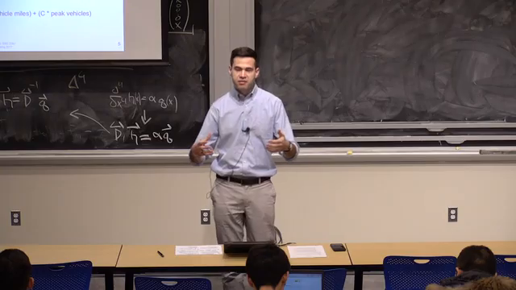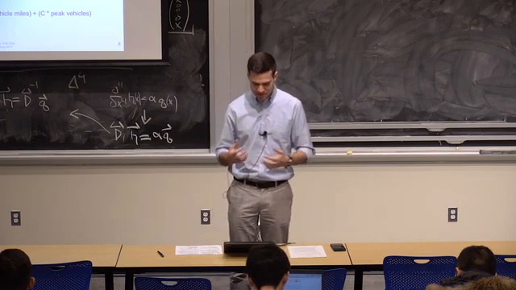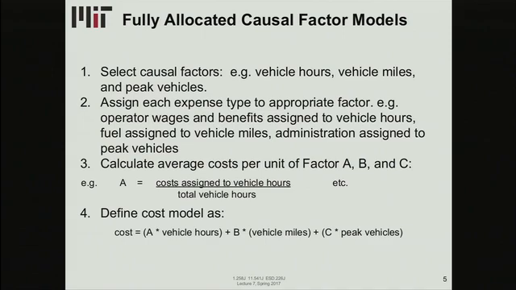Because you pay drivers by the hour, so this is the one that it relates to most closely. Fuel. So fuel, maybe a combination of vehicle hours and vehicle miles, or if you have to assign them to one, then vehicle miles. You think of the fuel mileage of vehicles, right? So that's the one that most closely relates vehicle miles to fuel.